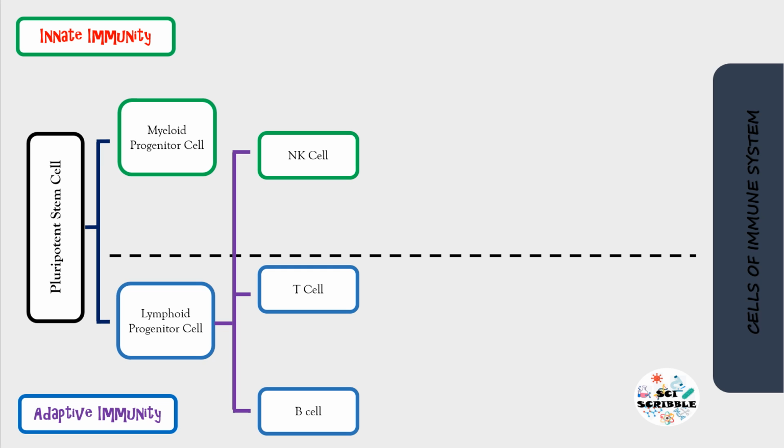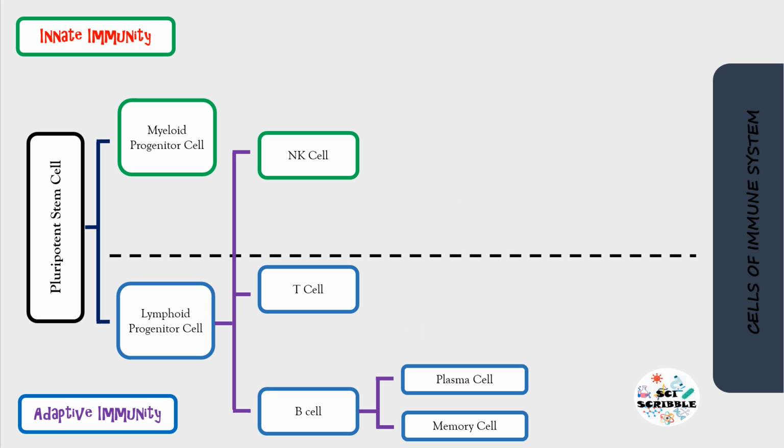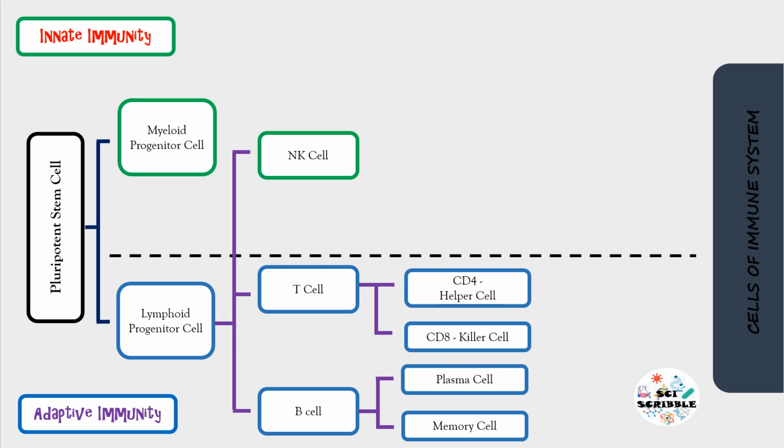Now, B cells can differentiate into memory B cells or into plasma B cells. The T cells can differentiate into CD4 and CD8. These are just proteins that are expressed on the surface of the T cells. CD4 is also known as helper T cells, and CD8 is often known as killer T cells.